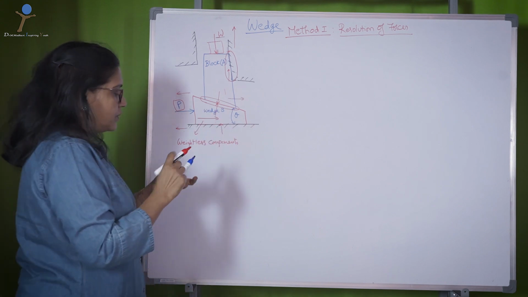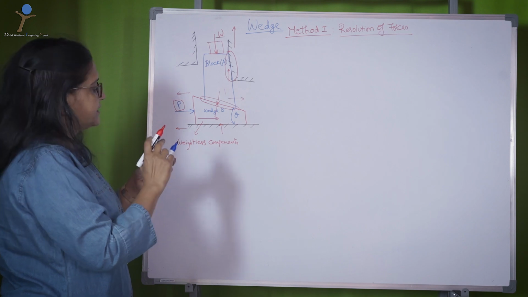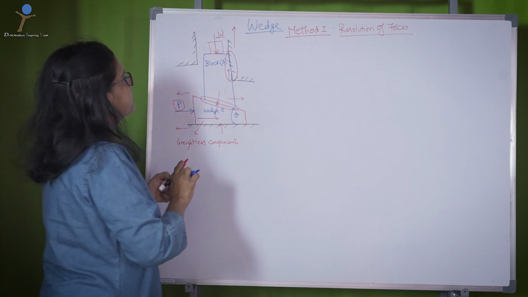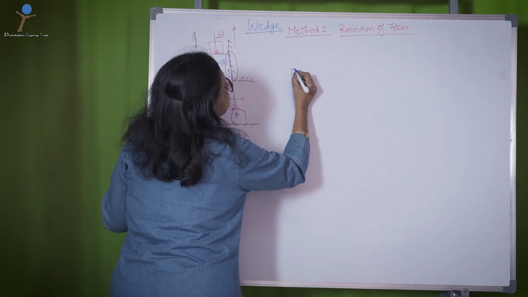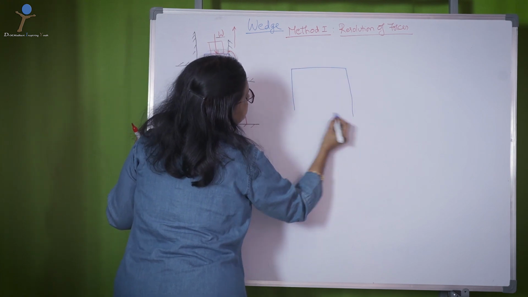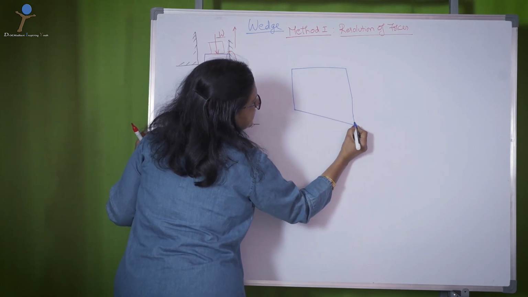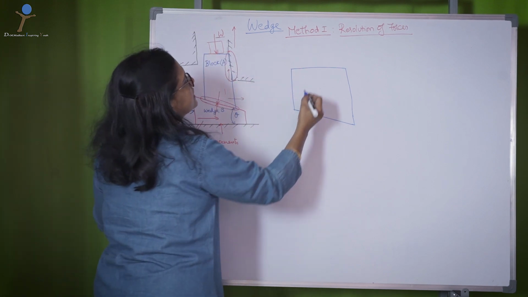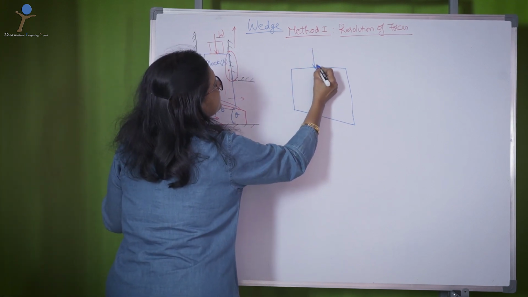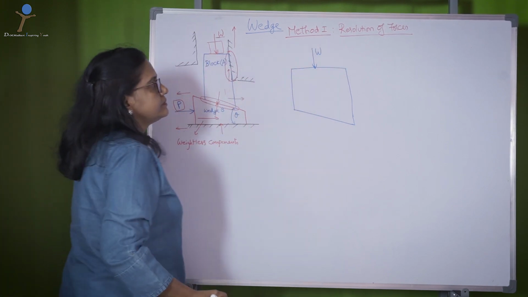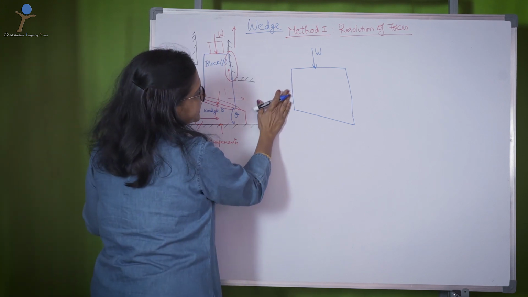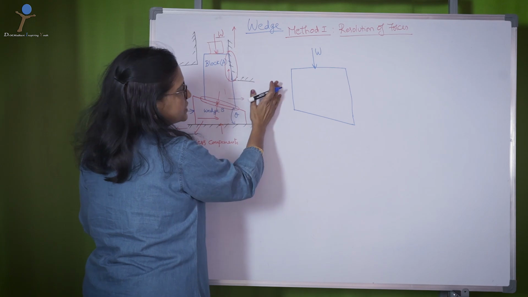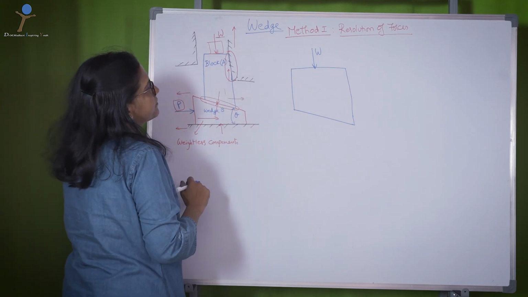Now, knowing this, let me first go for the block A. The block A is like this. The weight component acting here is W. There is no contact or force here, so this edge is free.